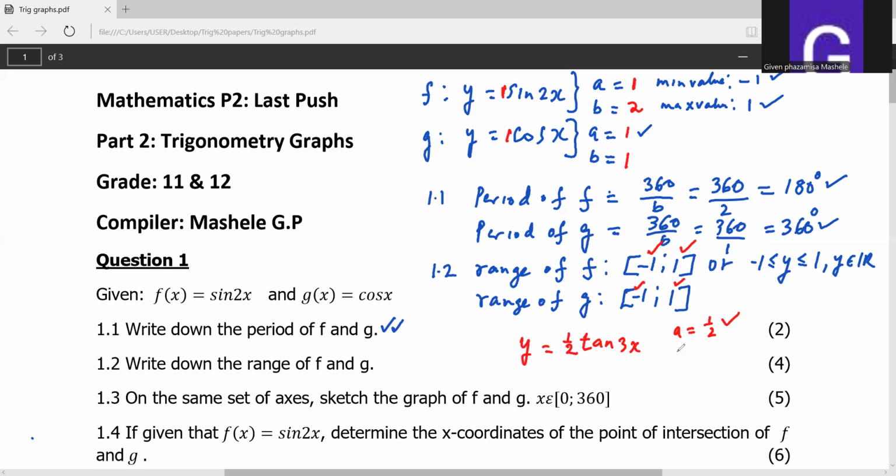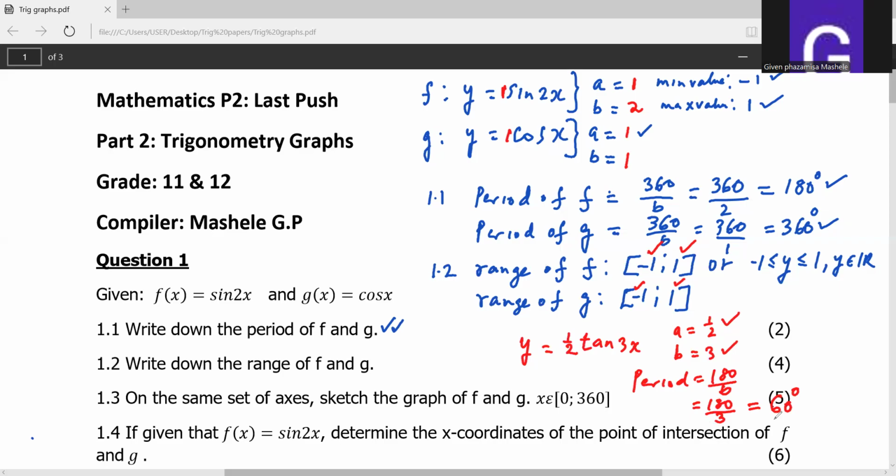Then how about the period factor? The period factor is 3. What would be the period of this? Remember, when we're dealing with tan, we use the period of 180 divided by b, so that is 180 divided by 3. It means the period of this graph will be 60 degrees.